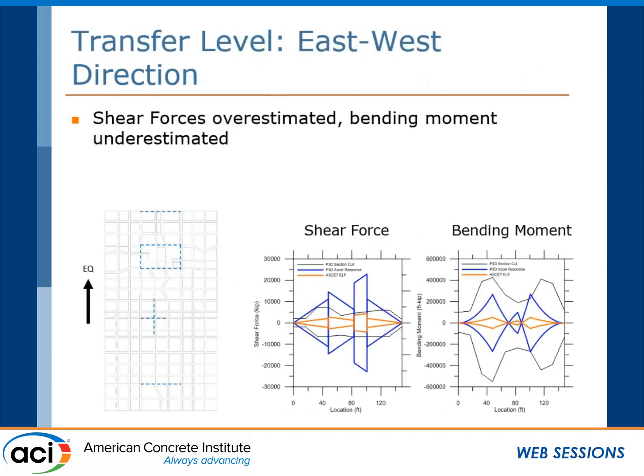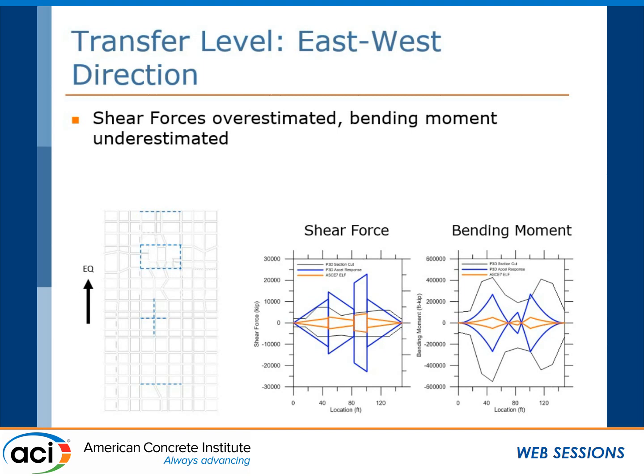And then over here is the transfer level, and this is the direction of the earthquake. Over here is the shear force. Unlike the tower level, the shear force is actually overestimating the Perform 3D forces, but underestimating it for the bending moment. The reason may be that the diaphragm is much stiffer due to the additional walls, as well as it being a lower level.